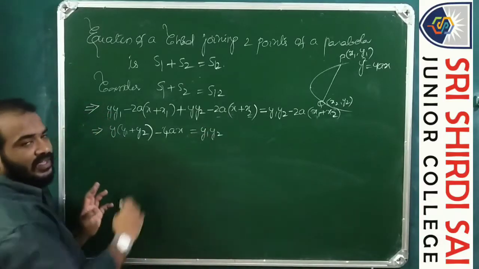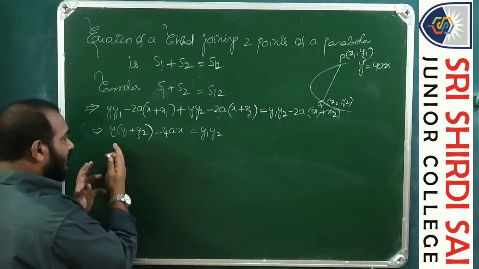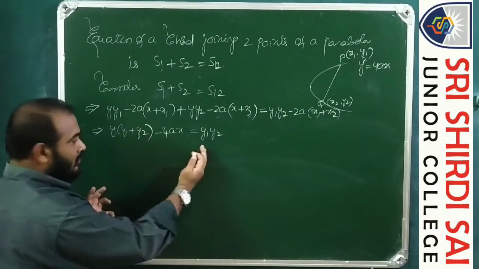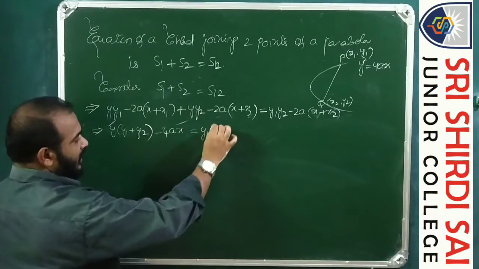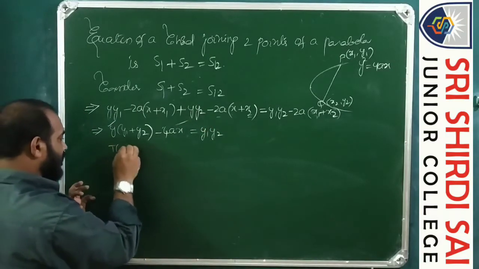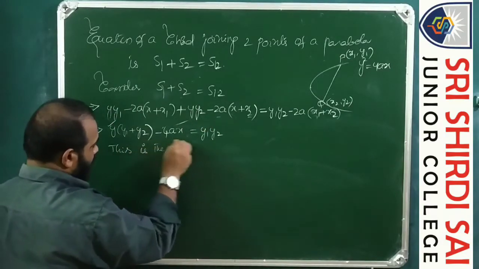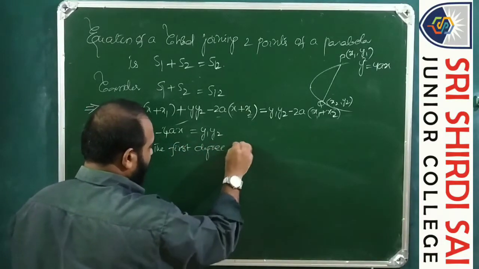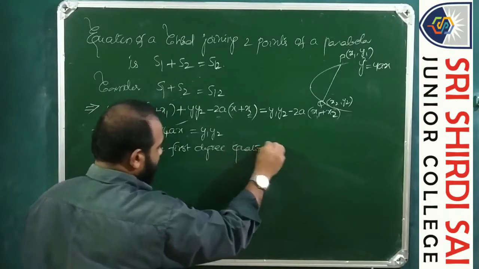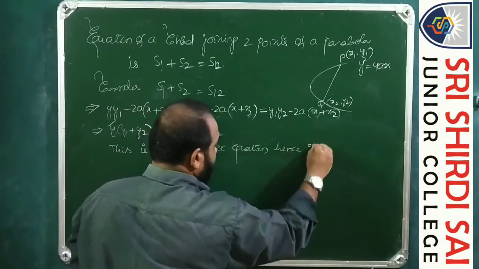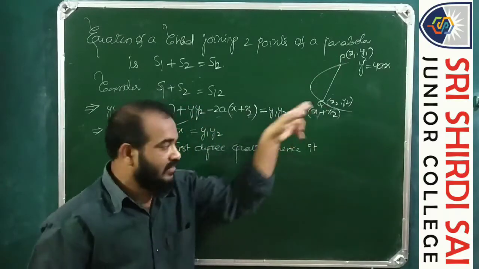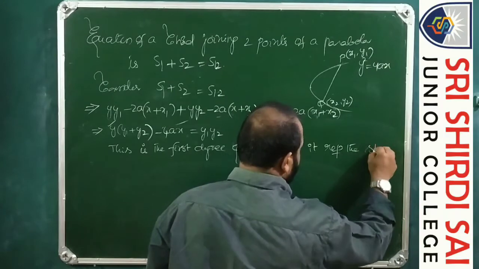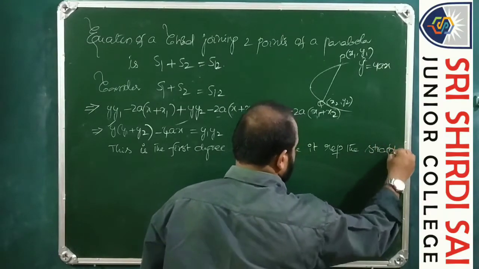So if you see here, this seems to be a first degree equation. Here y, here x, and this is constant. So this is the first degree equation. Hence, this line represents the straight line equation.